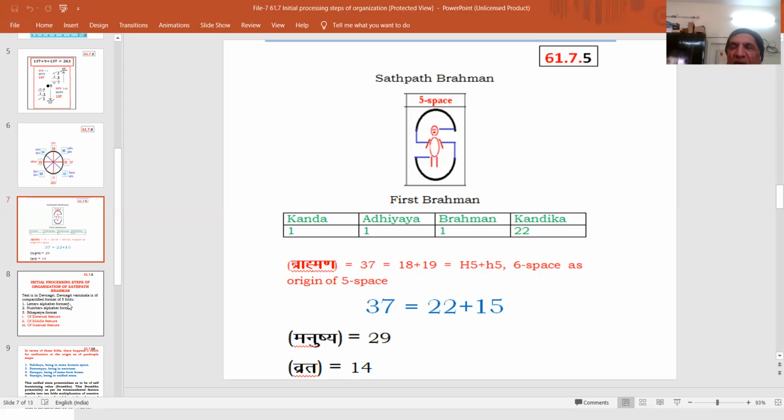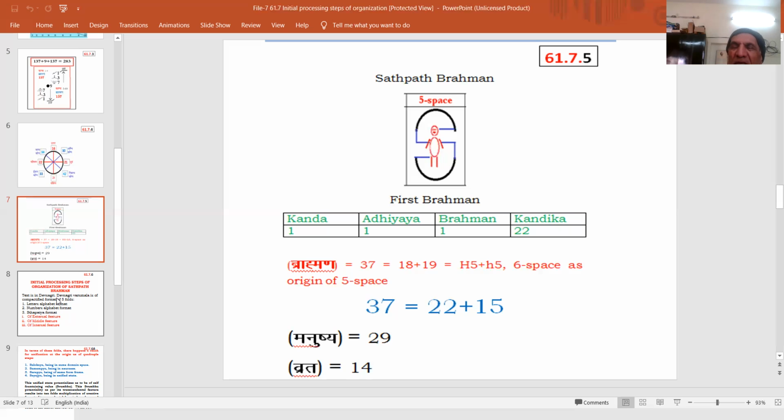The formulation Manush is of TC value 29, which is parallel with the TC value of Brahma, the creator. We know Brahma, the creator, is a 4-head Lord, with each head equipped with a pair of eyes. But man, Manushya, is only a single head manifestation.